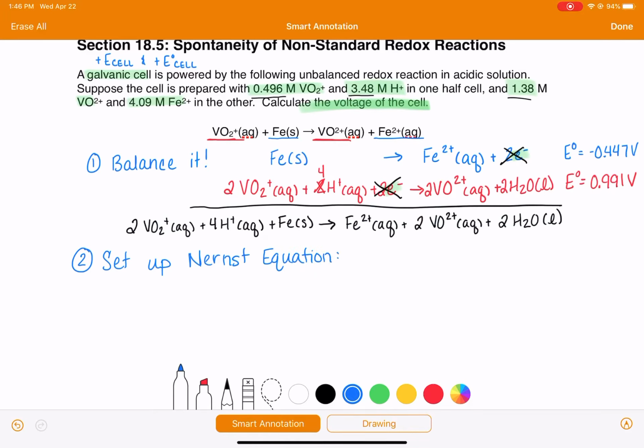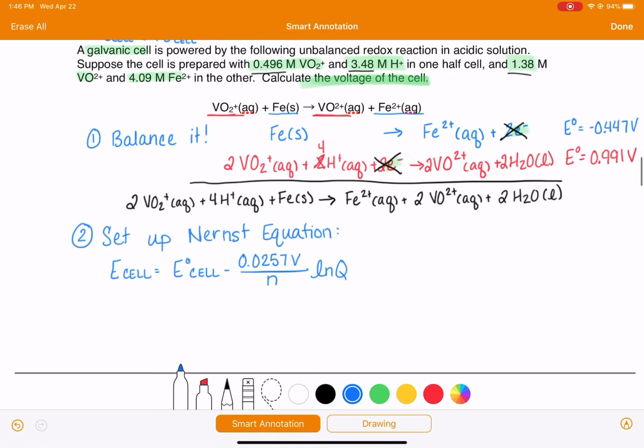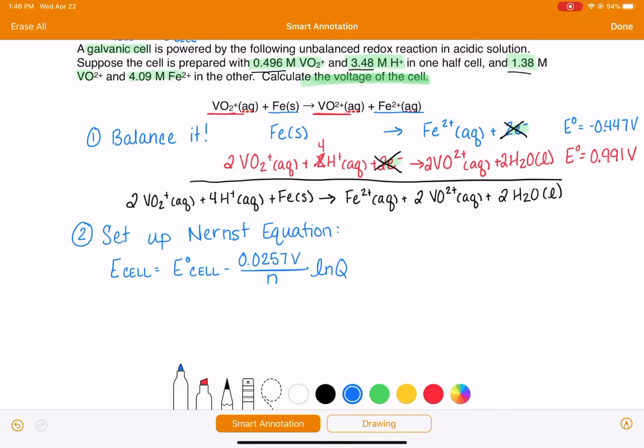And that is going to look like E non-standard cell equals E standard cell minus 0.0257 volts over N times the natural log of Q. And let's see what we can fit where into this equation. So we know the N, that's the number of electrons from the balanced redox reaction, that's 2.